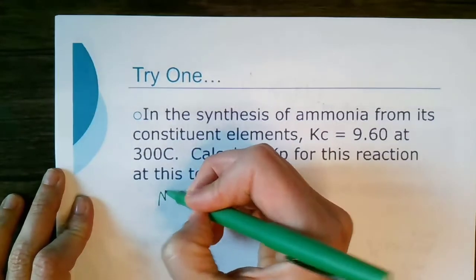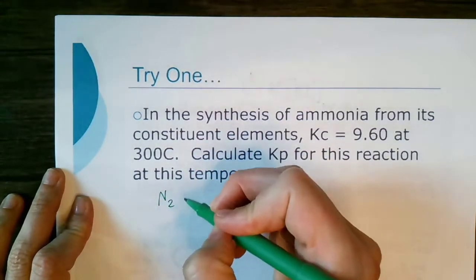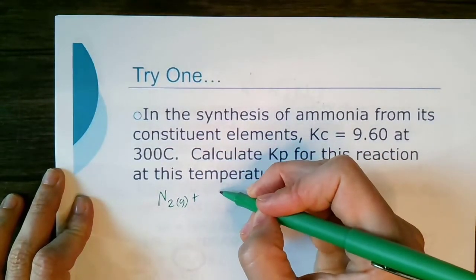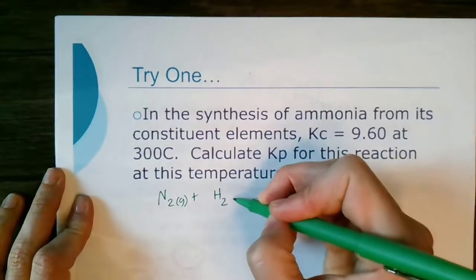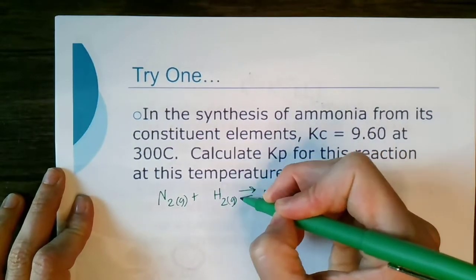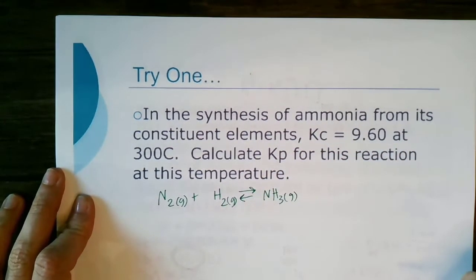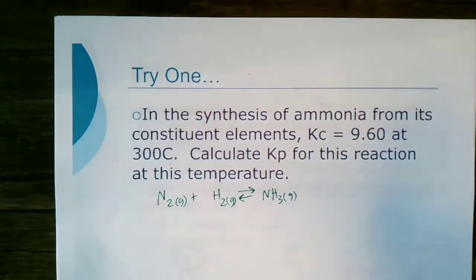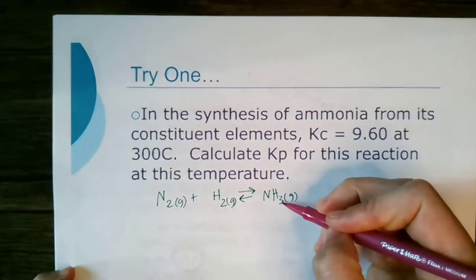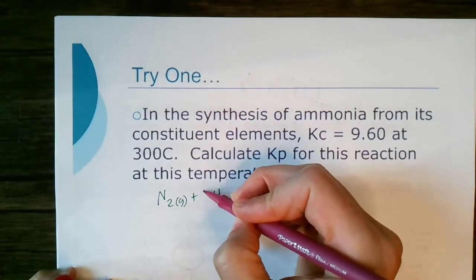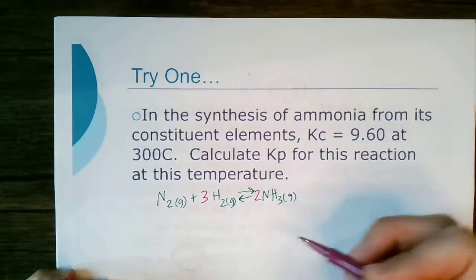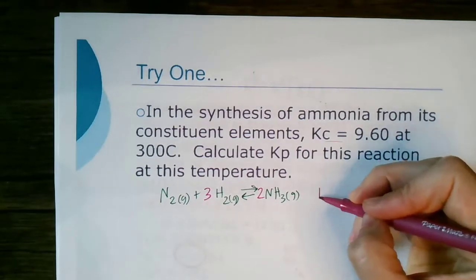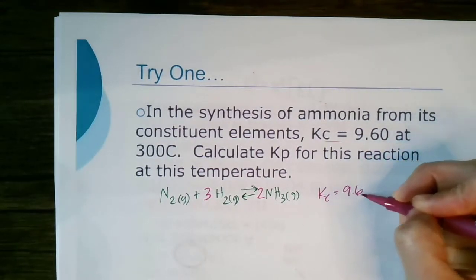So nitrogen, when it's by itself, is diatomic, so it's N2 in the gaseous state, plus hydrogen, again, by itself is H2 in the gaseous state, and it's going to be at dynamic equilibrium. And we need to balance this equation here. I've got 3 hydrogens, so I'm going to have 6, so that would be a 3, and that would be a 2. We should be balanced. And it tells us that Kc is 9.6 at 300 degrees Celsius.